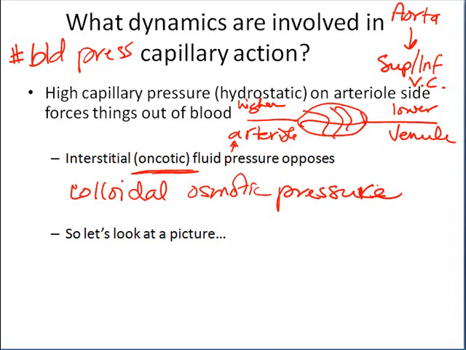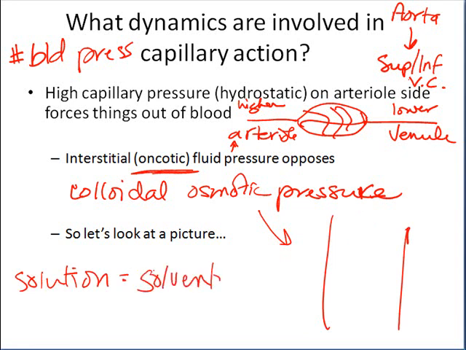And this is the amount of pressure or draw a particular solution has to water. So if you remember, a solution is made up of a solvent, that's some sort of fluid such as water, plus solutes. Those are particles that are dissolved in that solvent. So if we look at the blood, it has all kinds of particles in it, amino acids, proteins, and then it has big old red blood cells all over in it.